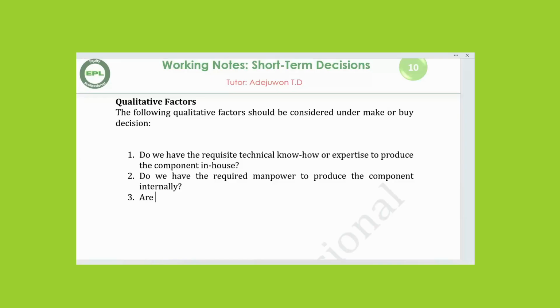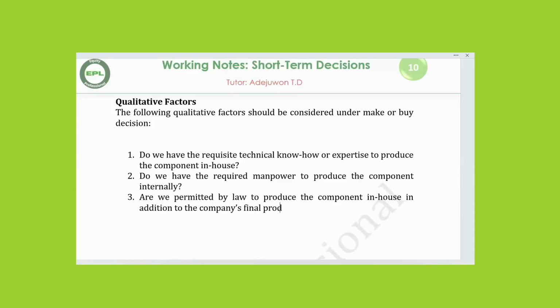Are we permitted by law to produce the components in-house in addition to the company's final products?